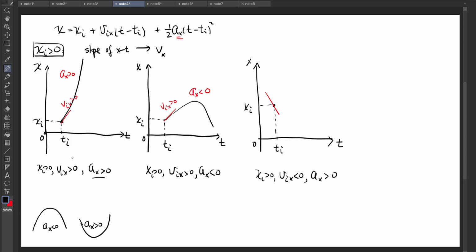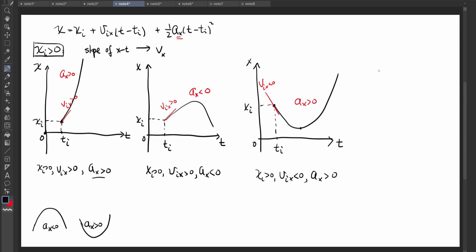So I can draw a curve that looks like this. So there must be a minimum somewhere at some instant, and then the curve going up. Okay, so that's for where Vix is negative, ax being positive.